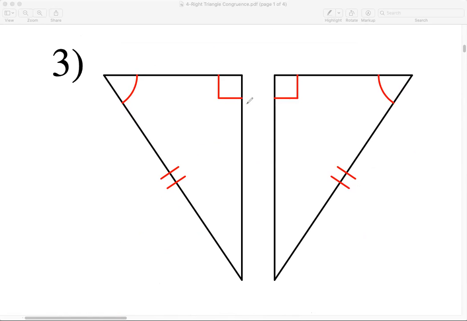Okay, now these two triangles are congruent because of this. We have this hypotenuse equal to this hypotenuse, or they're congruent. And this angle is congruent to this angle as labeled. So we have the hypotenuse angle theorem, or it is as good as saying what?